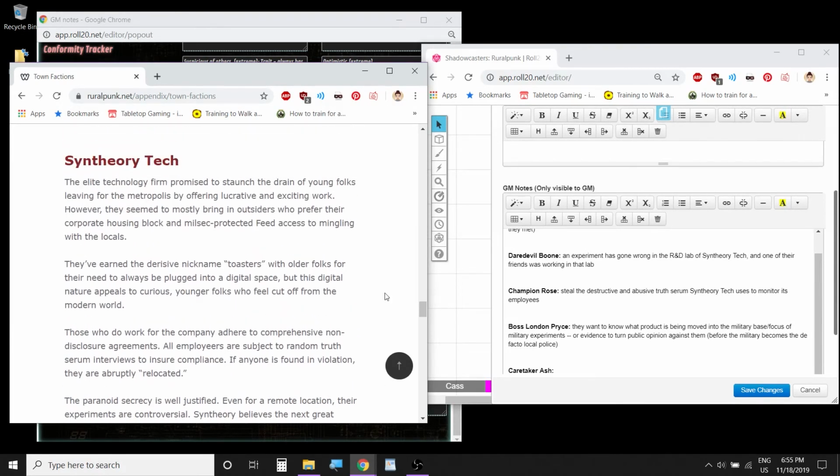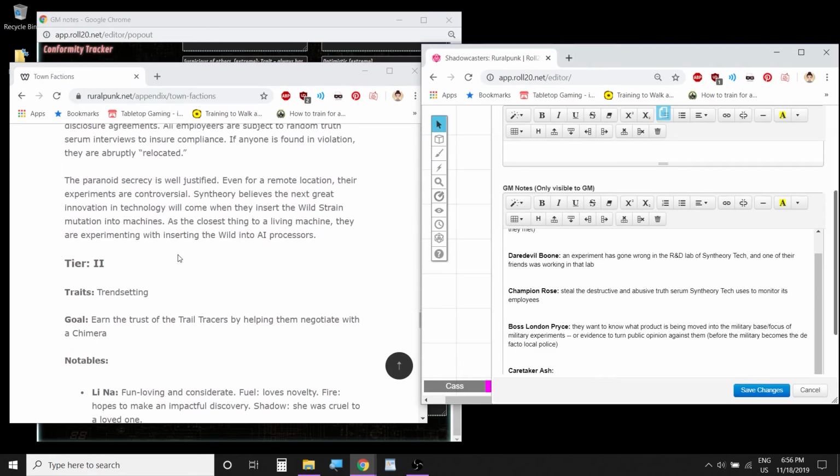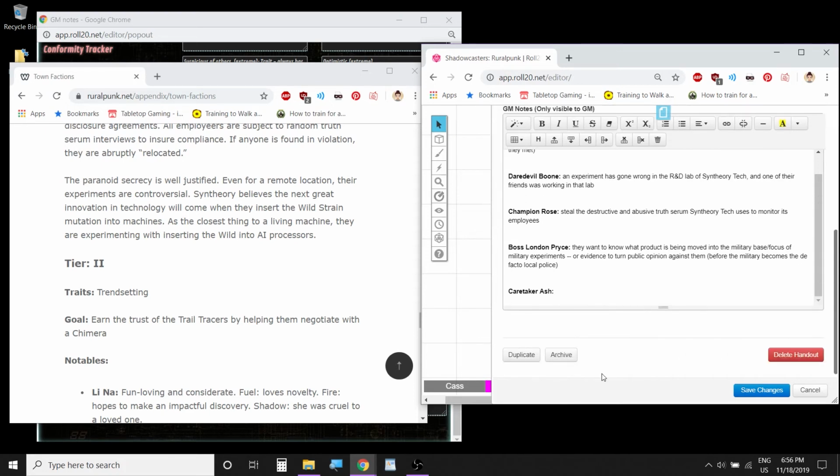I mean, they want to negotiate with a chimera. So Synthery Tech once during the trust of the Trail Tracers, her faction out in the wild, by helping them negotiate with a chimera. So I think Caretaker Ash has all these robots, and wants to negotiate a protection deal with the local chimera.